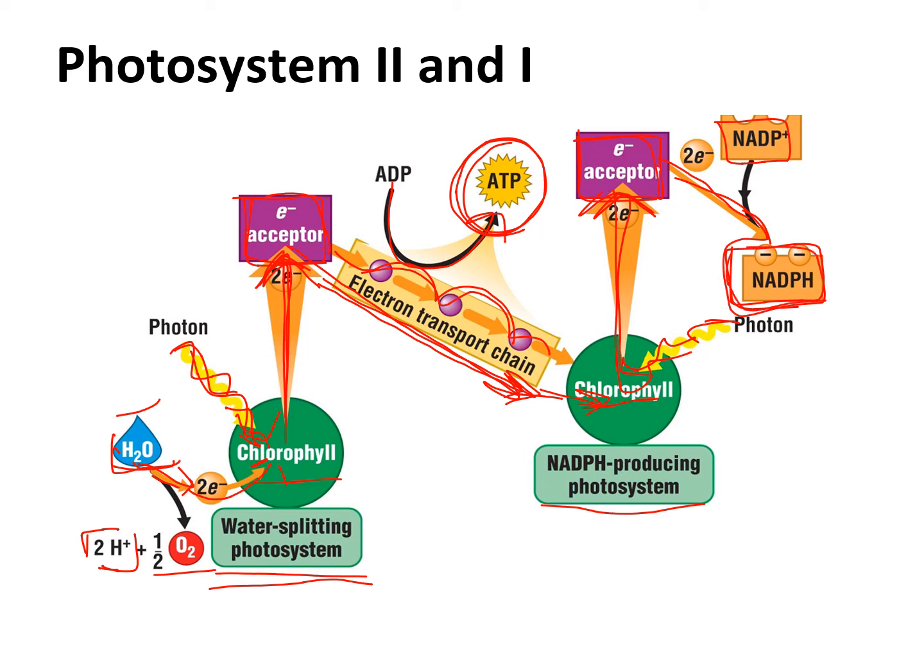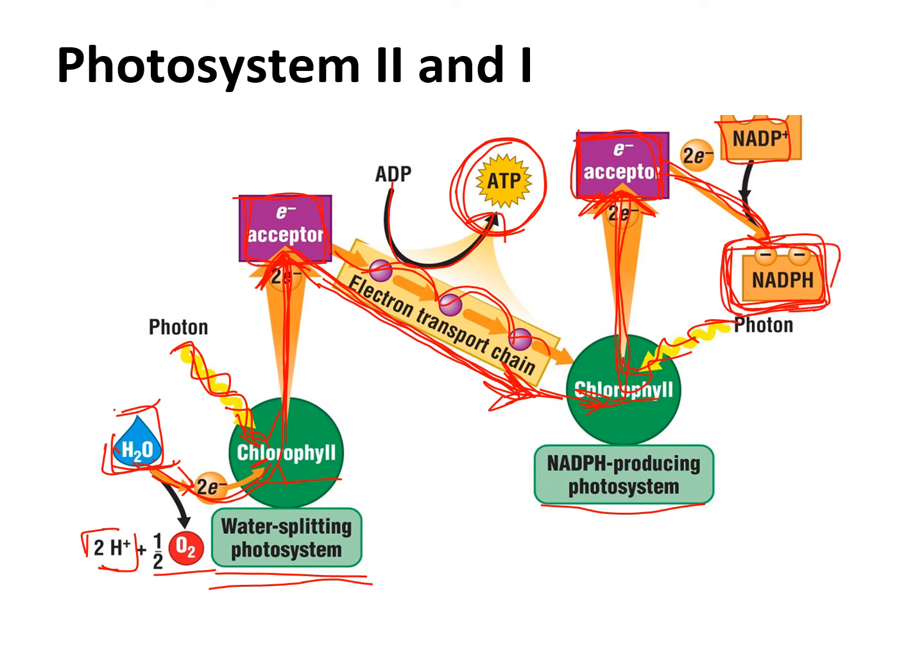So the electrons start with the water, move through photosystem 2, down through the electron transport chain, go into photosystem 1, are excited by the photons, go to the electron acceptor, and ultimately end up in an NADPH molecule.